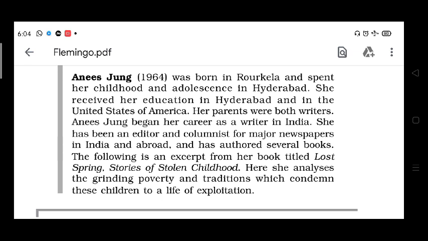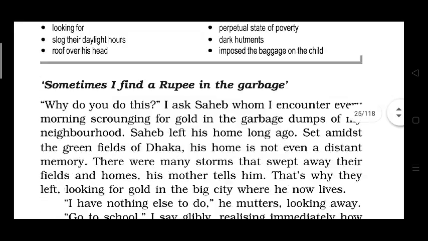And this is an excerpt taken from her book, which is titled Lost Spring: Stories of Stolen Childhood. So, these two stories we have taken from this book. And definitely, through these stories, she is condemning this situation which we have created where these children's spring, or these children's childhood, is stolen away from them. So, let us start the story.